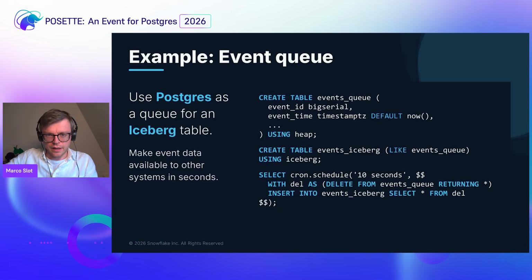So again, we create a Postgres table, which we use as a queue. Then we create an Iceberg table, which we use as the destination. And in this case, we don't really need pg_incremental. We can actually just do a regular pg_cron job. So it's a periodic job that runs every 10 seconds, which deletes everything from the queue and inserts it into the Iceberg table in a batch.